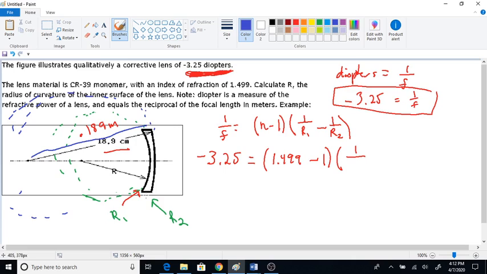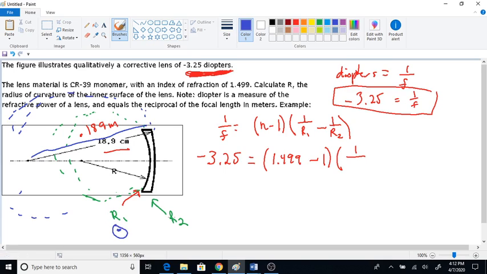Now you've got to be careful, okay? The first lens piece that it hits is kind of converging, diverging, two different sides to this lens. This R1 value, when we solve for it, we're going to get a negative answer.